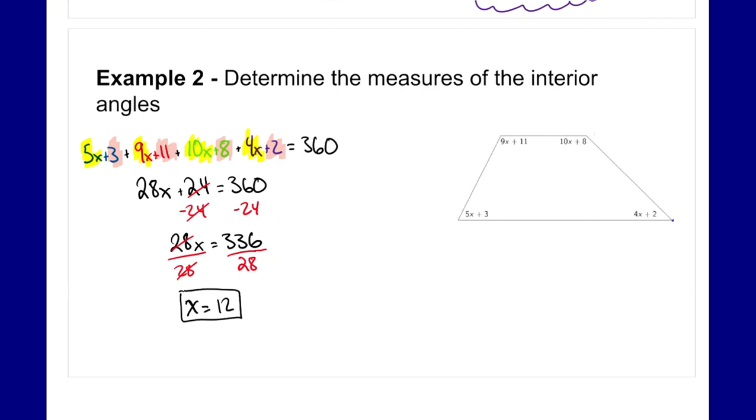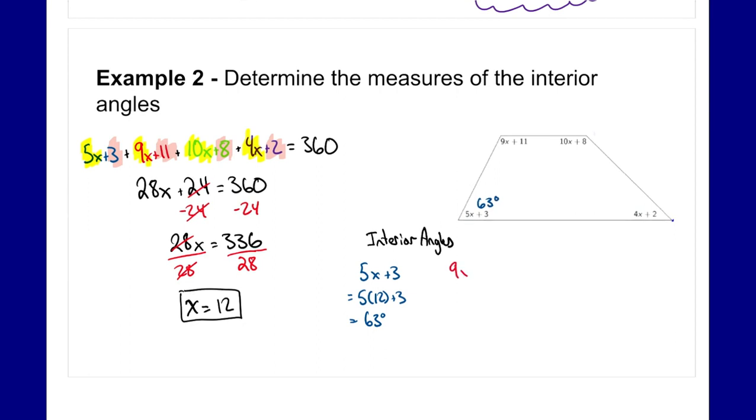Again, this isn't the angle, this is just what x equals. But now what I can do is go back and plug in 12 for x, for each of my angles, and determine what the actual interior angle is. So for my interior angles, the first one, 5x plus 3 becomes 5 times 12 plus 3, or 63 degrees.